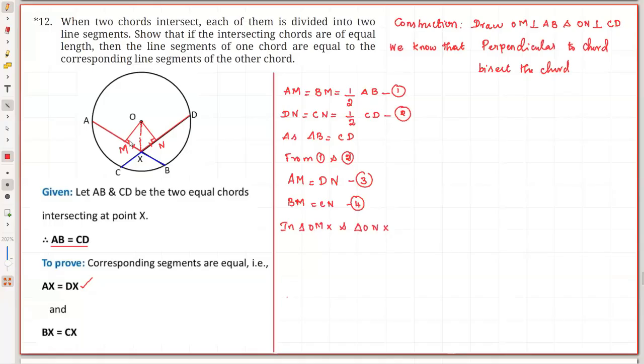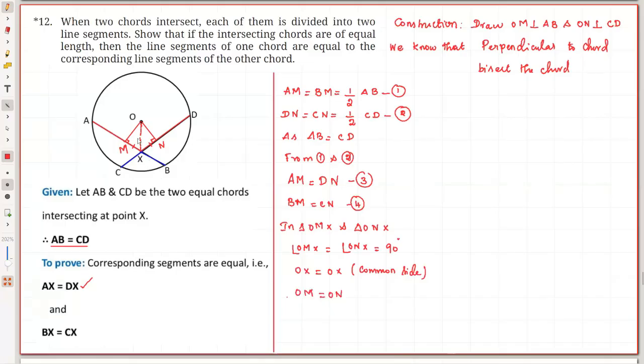Because one of the angles is 90 degrees here, here also 90, and this is a common side. Angle OMX is equal to angle ONX is equal to 90 degrees, right angle. Next, OX is equal to OX, that is a common side. Next, OM is equal to ON.